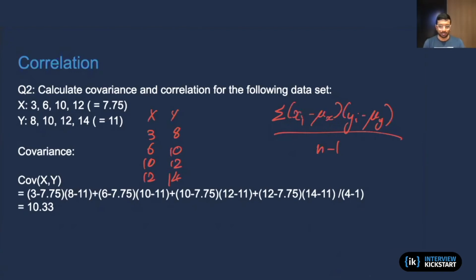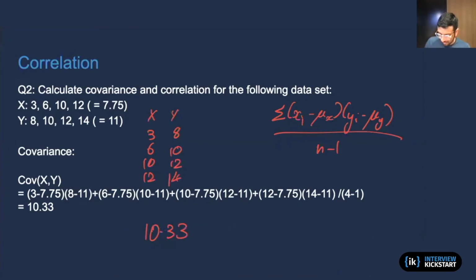That's to get an unbiased estimate of the covariance, as we covered a little bit in the previous video. So in order to find the covariance of x and y, we just plug all of these quantities into the formula. So (3 minus 7.75) times (8 minus 11), (6 minus 7.75) times (10 minus 11), and so on, divided by 4 minus 1, which is equal to 3, and that gives us an answer of 10.33.